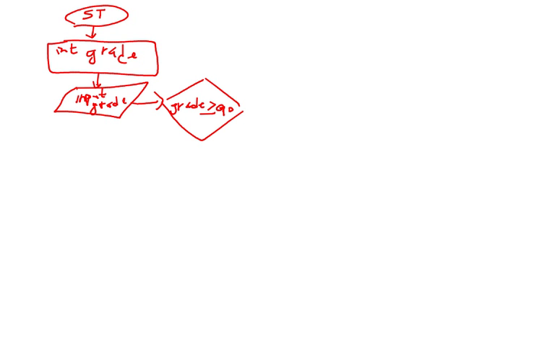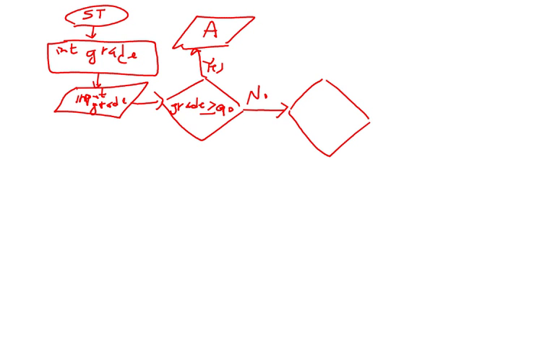Okay? All right, so if this were the case, we output A. If it's not the case, so this was yes, if it's not 90 or more, we went and checked whether it was between 80 and 90.